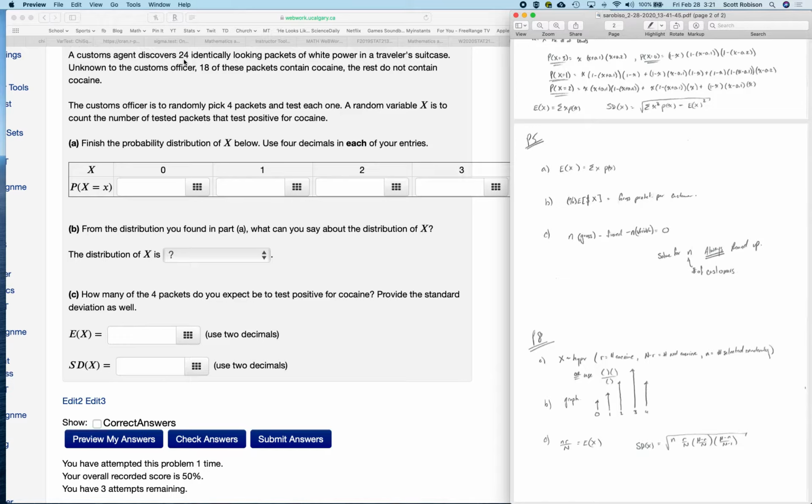Either way, it's not the same probability as 18 out of 24 repeatedly.